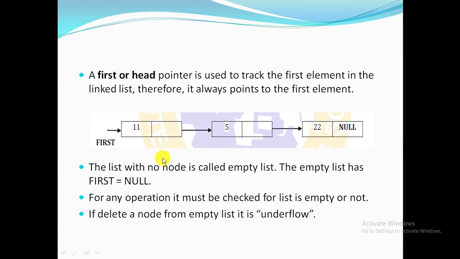The empty list has the value first equal to null because there is no node. For any operation, the list must be checked whether it is empty or not. If the list is empty and we are going to delete a node from the empty list, it displays underflow. That means it is an underflow condition.